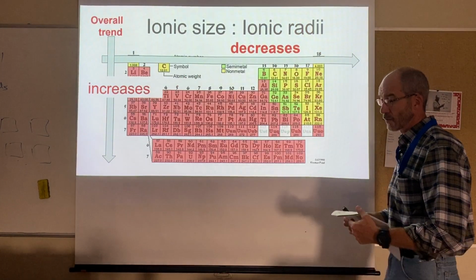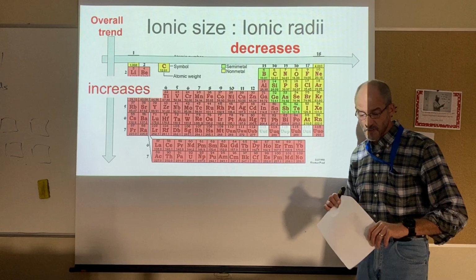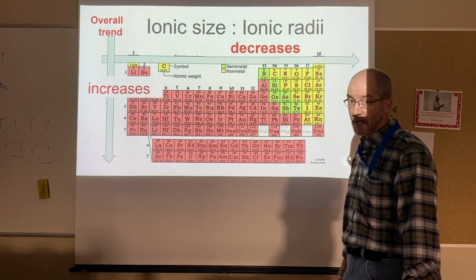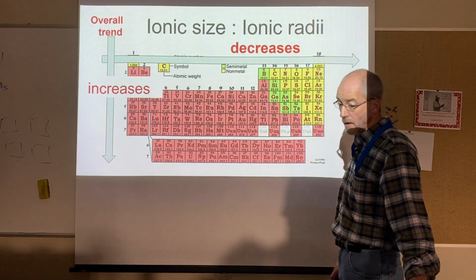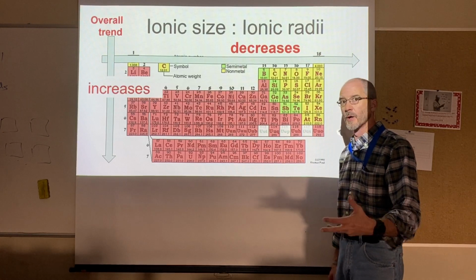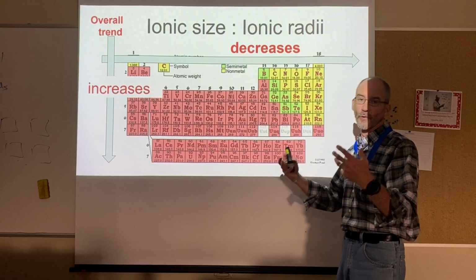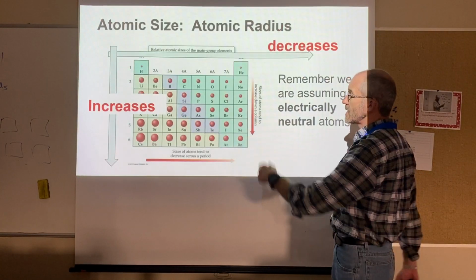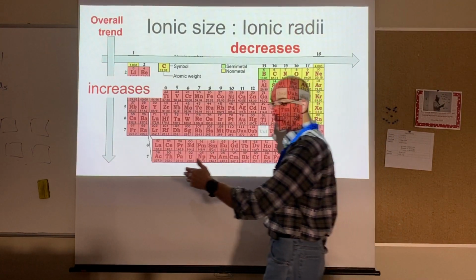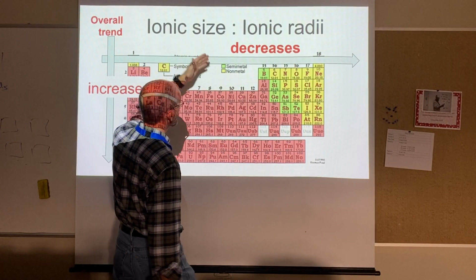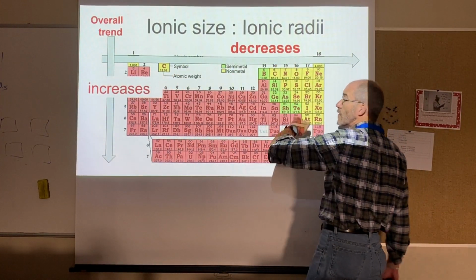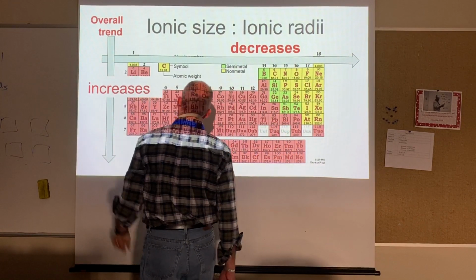What's another trend? Well, another trend is ionic size. Now remember, an ion is defined as an atom that has gained or lost an electron. But right now, what do we want to focus on? We want to help ourselves remember things. The atomic radius trend is analogous to the ionic radius trend, which is, as you go across, you decrease, and as you go down, you increase.